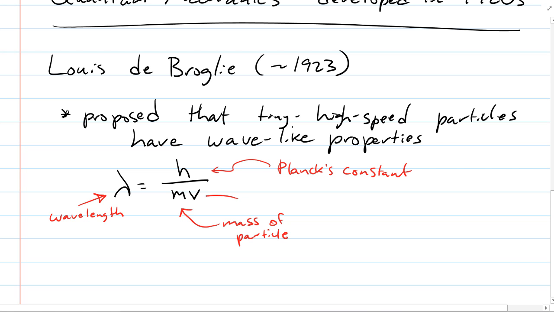And then v is the speed of the particle. Remember that it's not velocity, because velocity also implies direction. So when we see v, it is used as speed, where we're concerned about magnitude only and not direction.